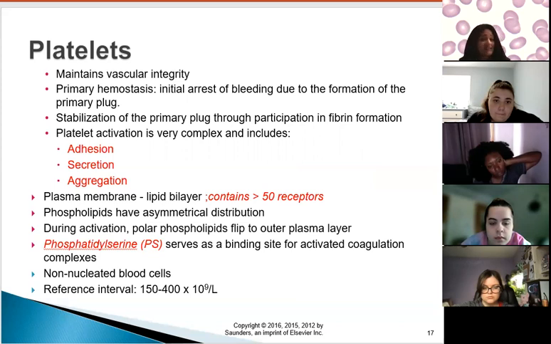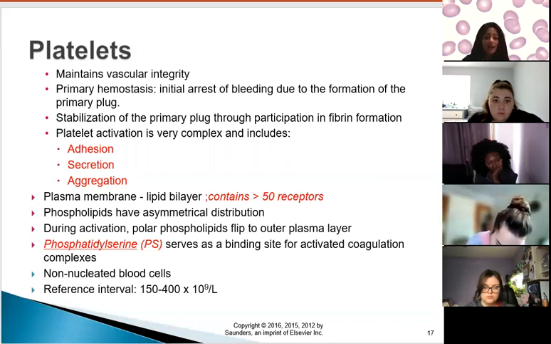They have a plasma membrane, which is a lipid bilayer. It has more than 50 receptors. Their phospholipids have asymmetrical distribution. During activation of these platelets, the polar phospholipids flip to the outer layer of the plasma membrane. It has phosphatidylserine, which is PS, which serves as the binding site for activated coagulation complexes.